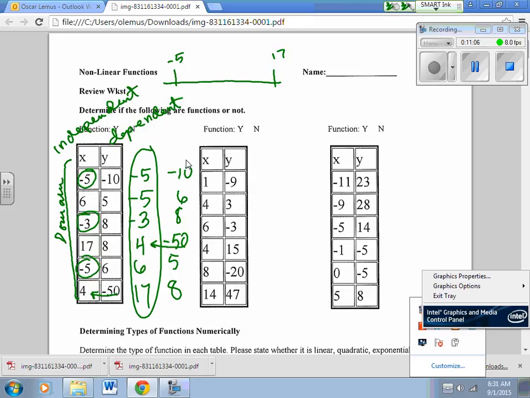Somewhere in between there is the graph. But then look at the Y values, the range. What's the highest Y value in that range? Meaning the biggest positive number. 8. What's the lowest negative value it goes down to? -50.